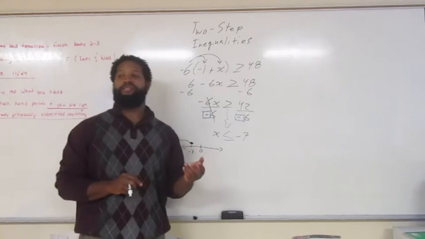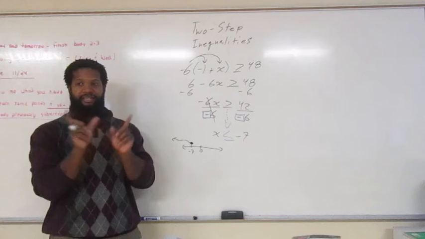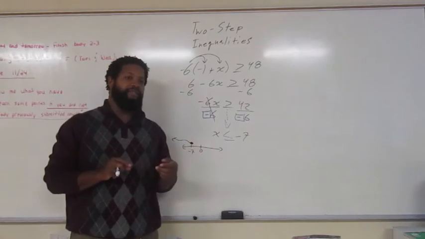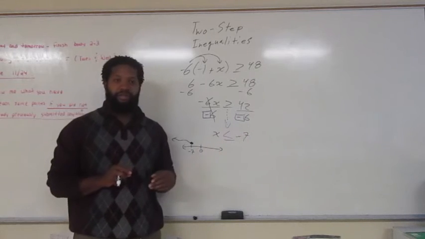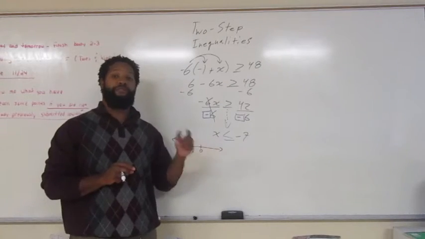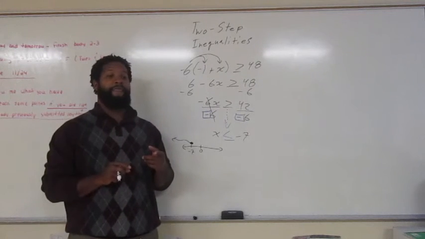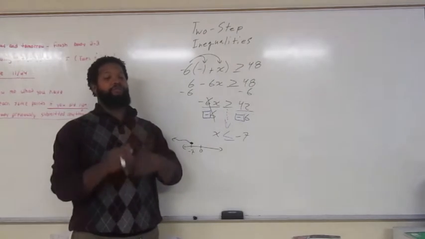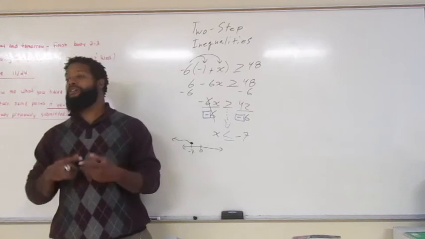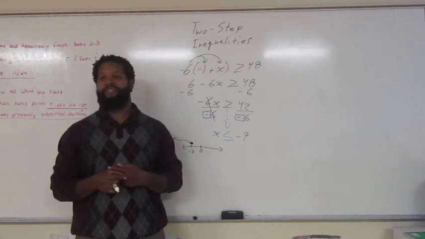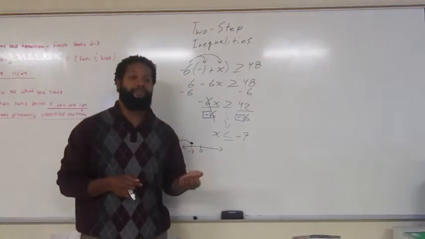When you're dealing with regular equations, where it's an equal sign, it doesn't necessarily matter which side the variable is on. With inequalities, for you guys, it does matter, okay? Now, when you do inequalities long enough, you start to be like, it doesn't really matter which side the variable is on, I can still read it properly.